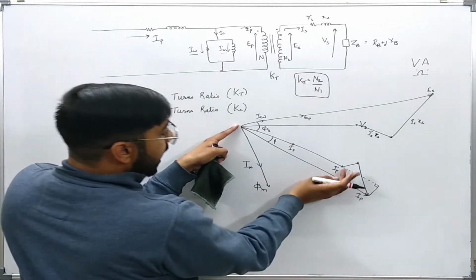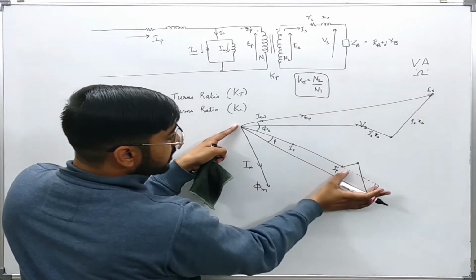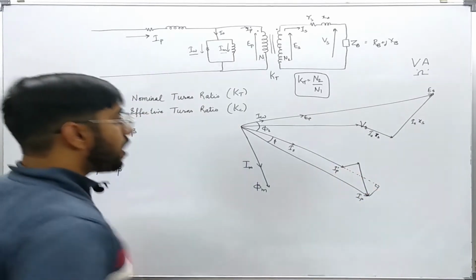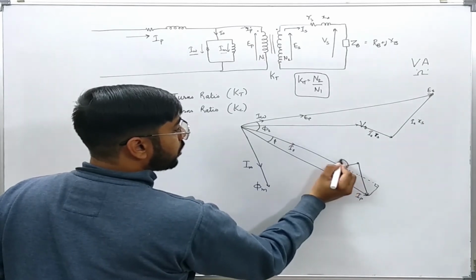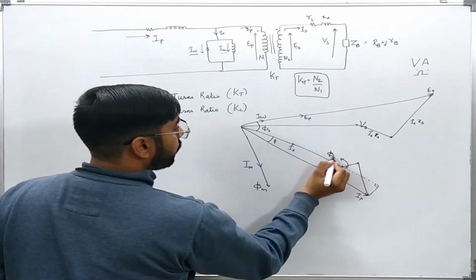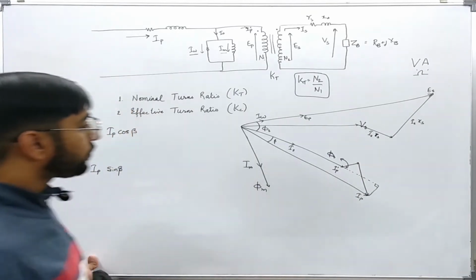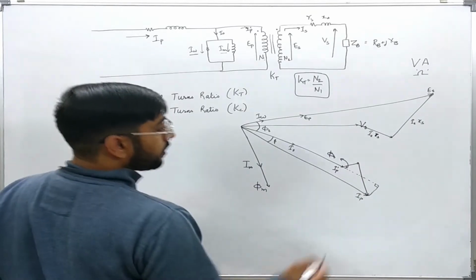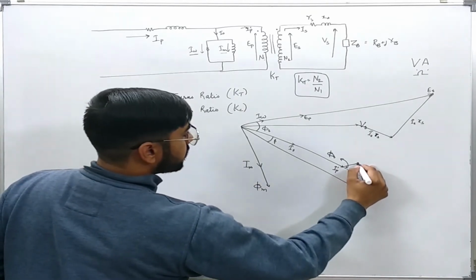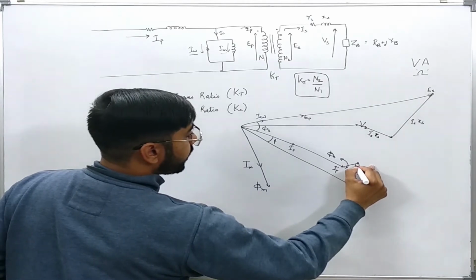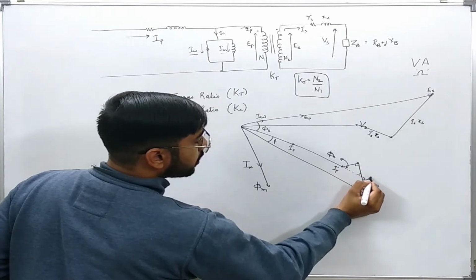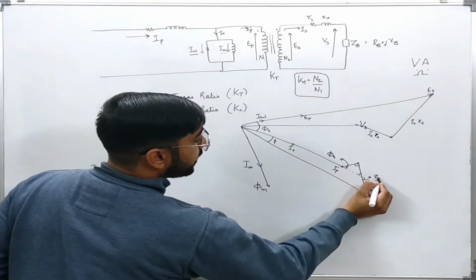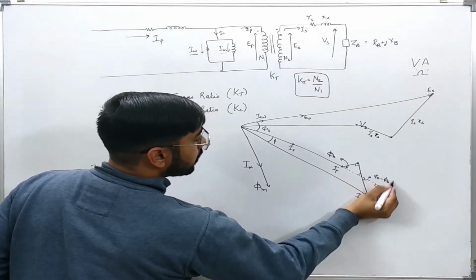It is equal to IP dash plus this length. Now this angle we know is equal to phi s, and this we know is equal to 90 degrees. So these two angles are equal to 90 minus phi s.